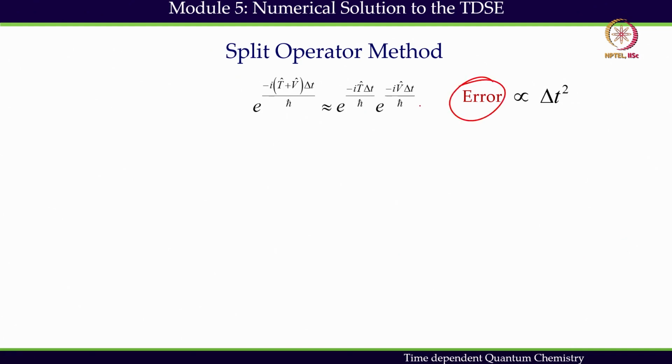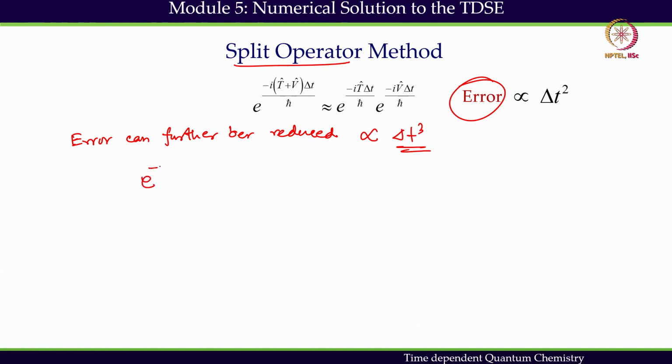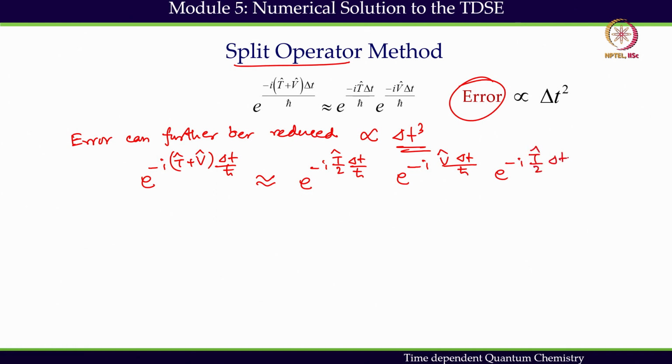This error which we have mentioned in the split operator approach can further be reduced, and it will then be proportional to delta t cube if we take the symmetrized product of the split operator method, which means that e to the power minus i (T plus V) delta t by h cut, if we take this form, which is e to the power minus i T by 2 delta t by h cut, then e to the power minus i V delta t by h cut, then e to the power minus i T by 2 delta t by h cut.